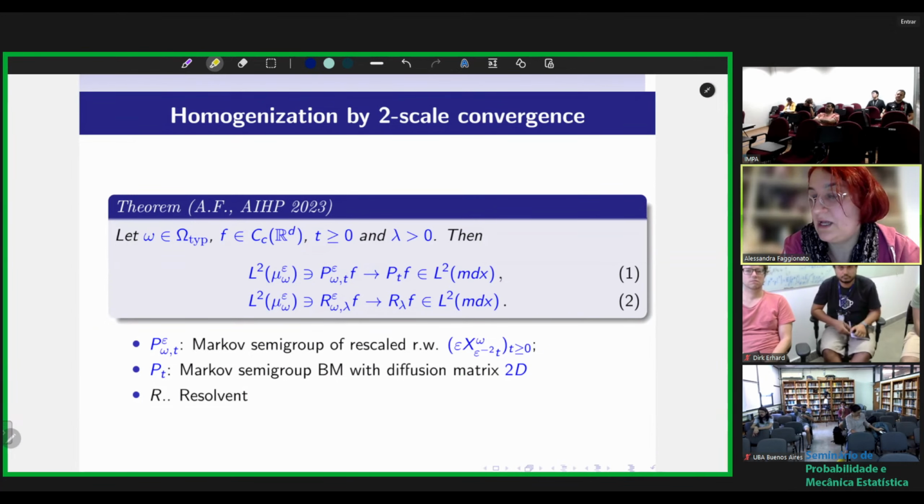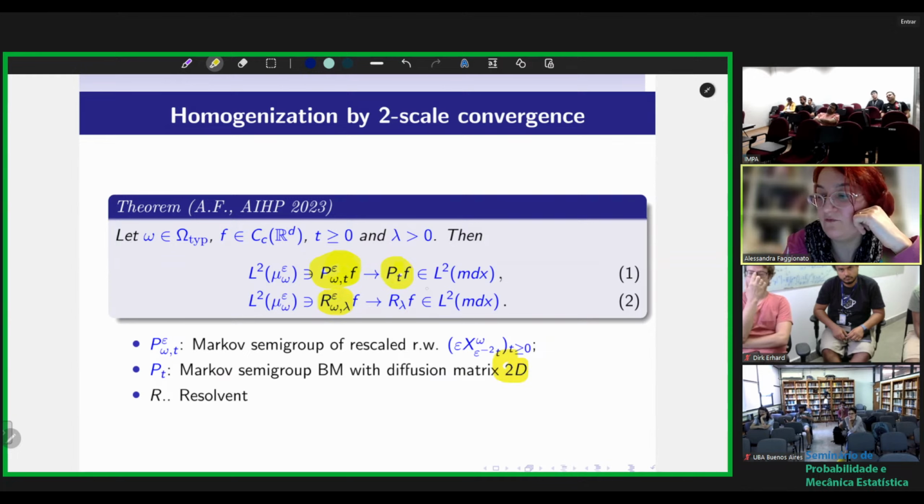Under my basic assumptions I showed you before, the slides with the 6 assumptions, the Markov semigroup of the rescaled random walk converges in this form to the Markov semigroup of the Brownian motion with diffusion matrix 2D, and the same holds for the resolvent.